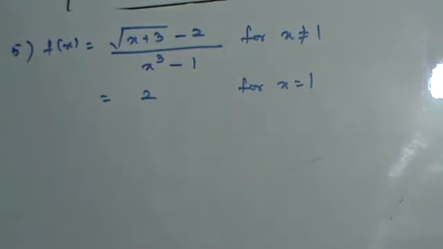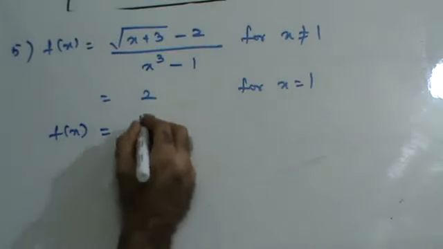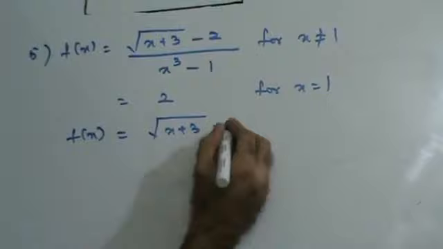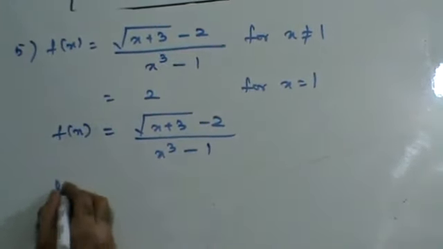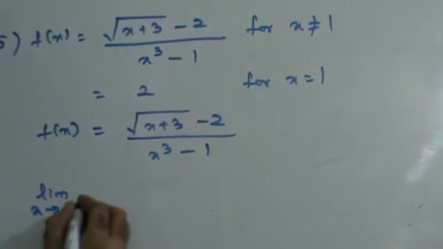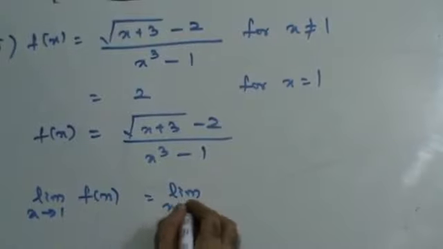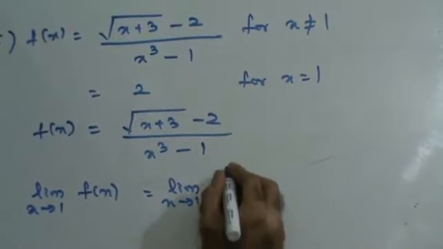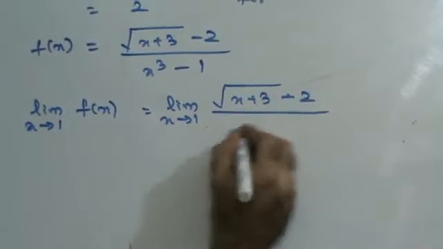You have to test the continuity at x is equal to 1. f of x is square root of x plus 3 minus 2 upon x cube minus 1. Multiply both sides by limit of x tends to 1. Limit of x tends to 1 f of x is limit of x tends to 1 square root of x plus 3 minus 2 upon x cube minus 1.